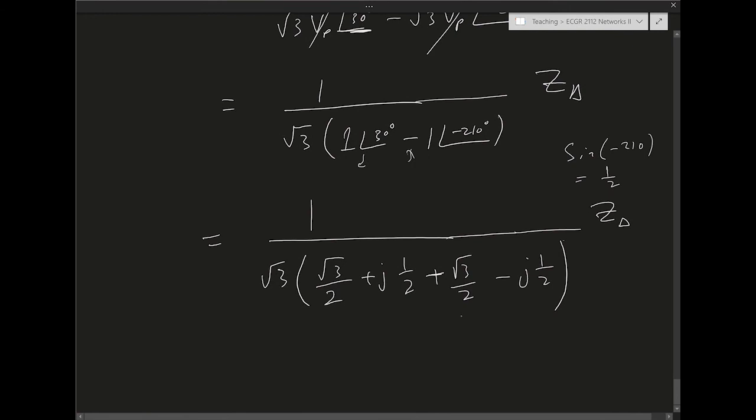The idea is that now the imaginary parts cancel, and we end up with 1 over square root of 3 times square root of 3, which is 1/3 Z delta. And this proves our relationship.